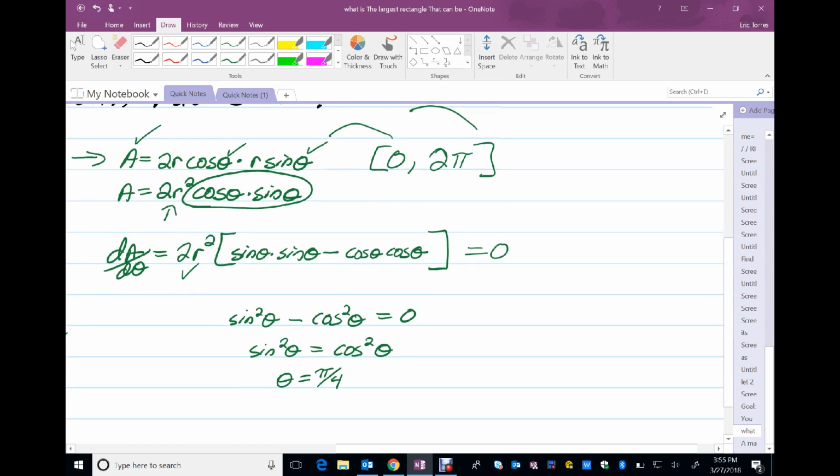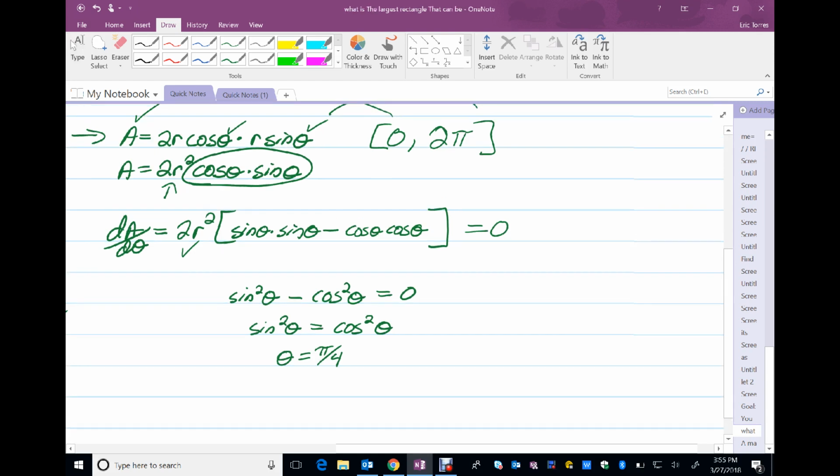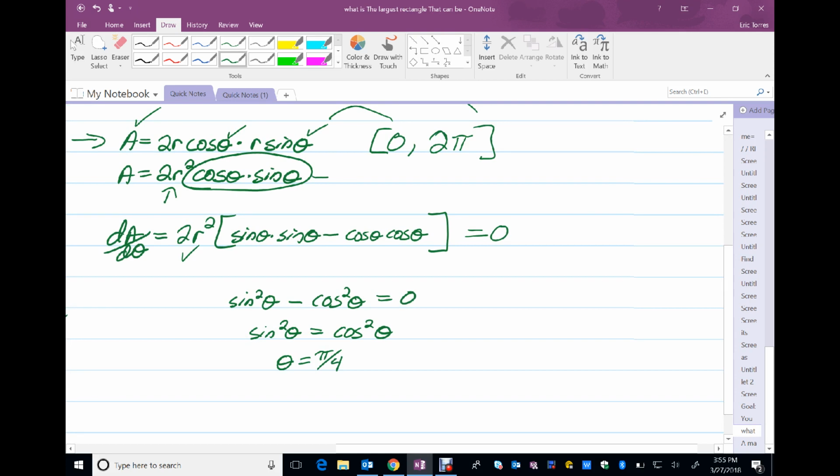So the only possible maximum I can come up with is the area at pi over 4, and I can calculate that because my area, let's go into the original formula, area equals 2r squared times cosine of theta, and cosine of pi over 4 is square root of 2 over 2, times the sine, and they have to be equal at that point, square root of 2 over 2.